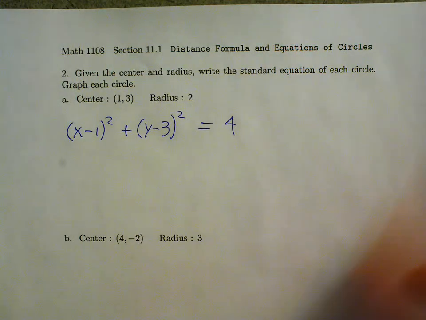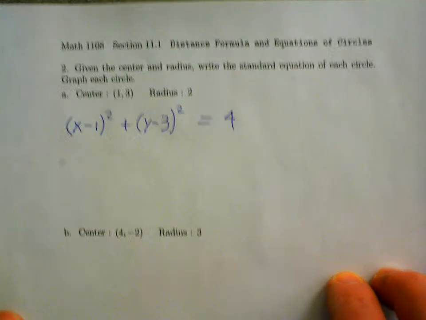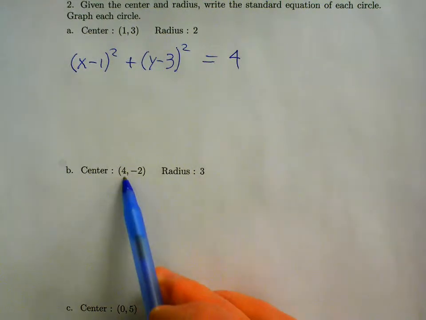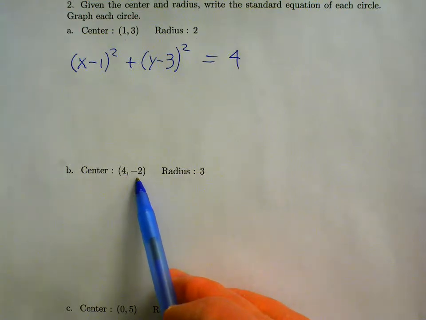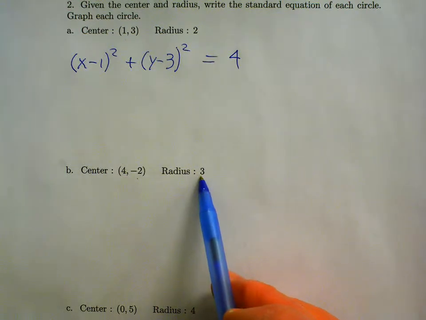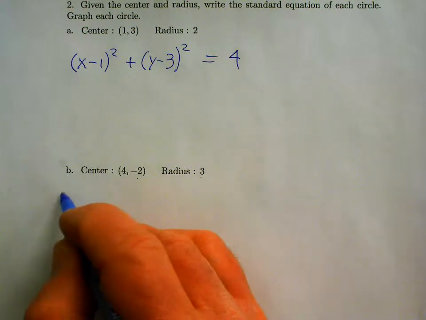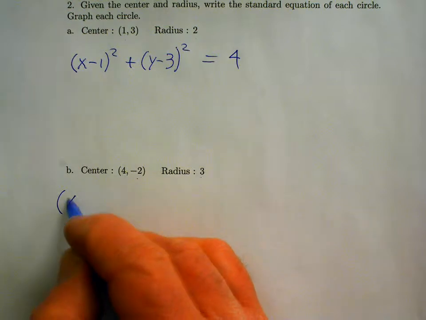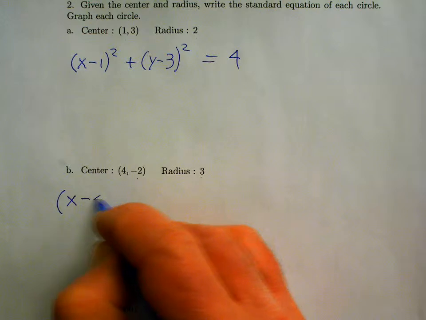In part B, same idea. This time the center is the ordered pair 4, negative 2, and the radius is 3. So make sure that you keep the x-coordinate with the x variable. The x-coordinate is 4, so we have the quantity x minus 4 squared.